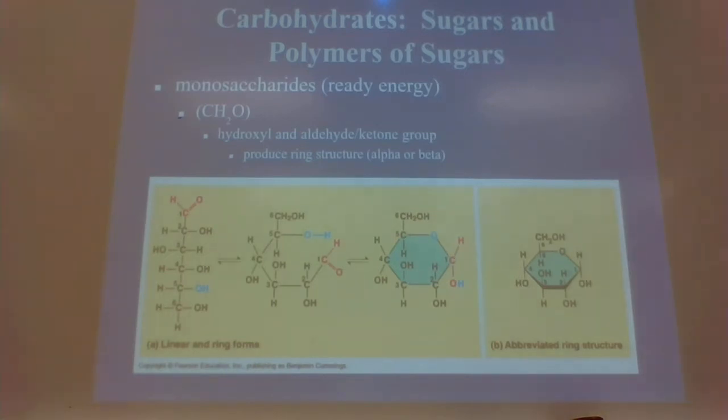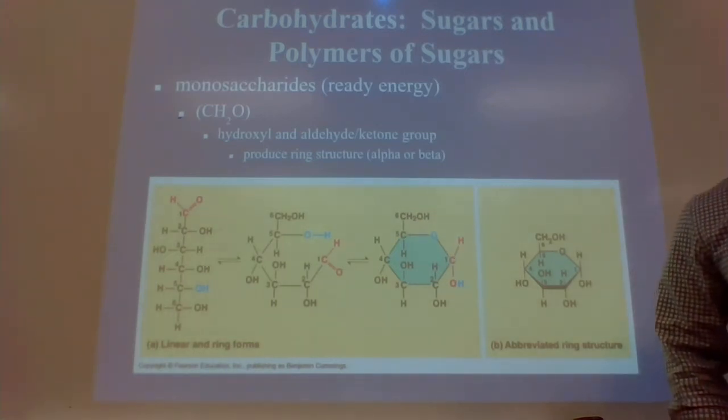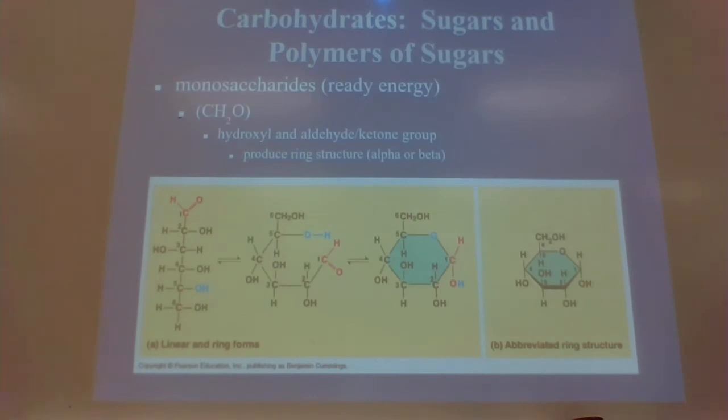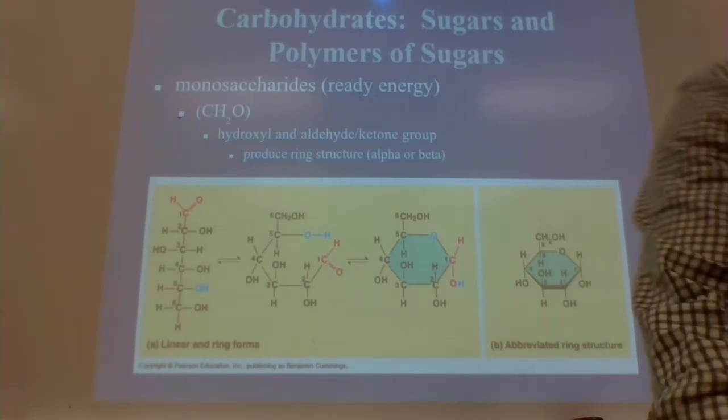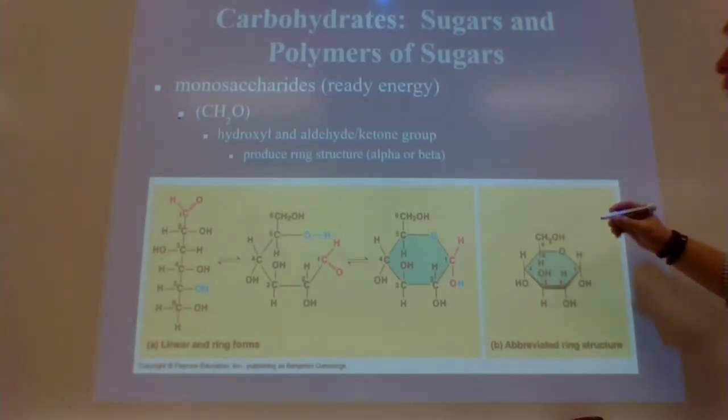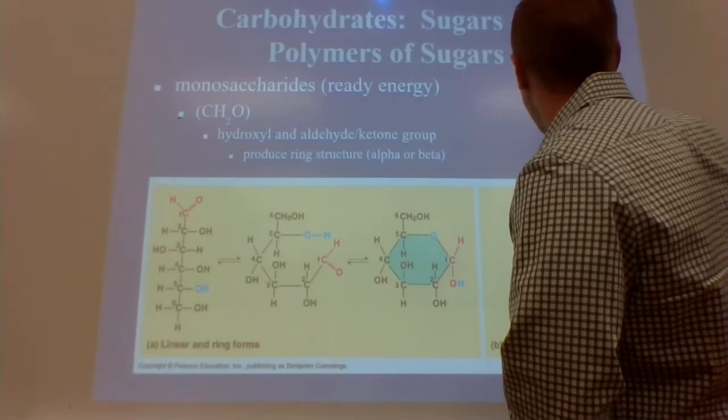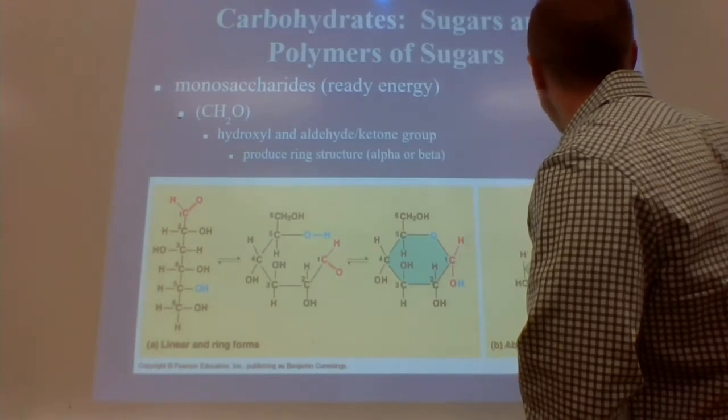There are some different monosaccharides that you should know. The most important monosaccharide is going to be glucose. Right? Glucose is a monosaccharide. It has the molecular formula C6H12O6.